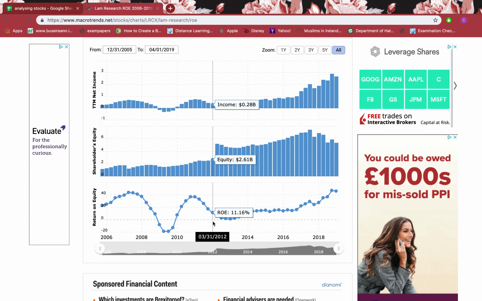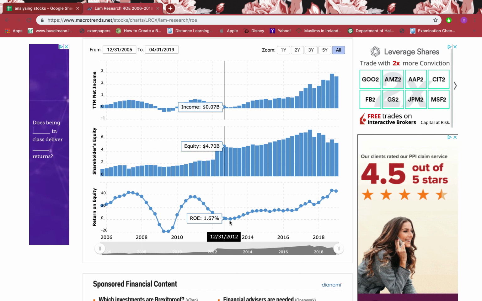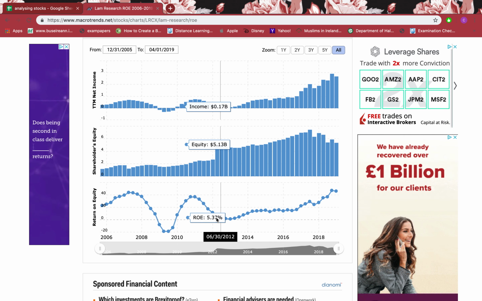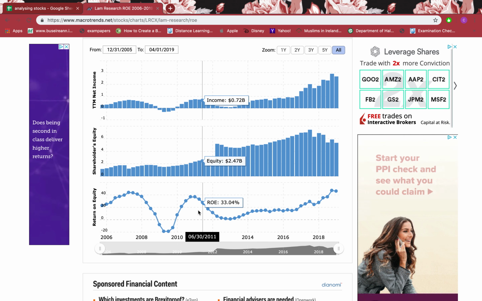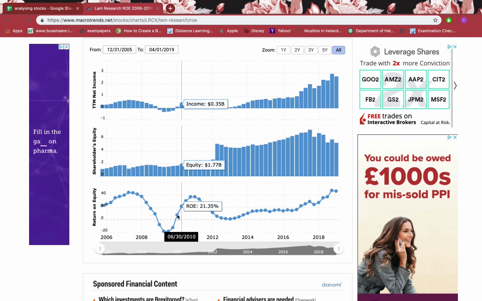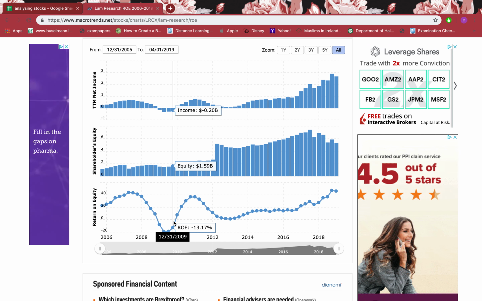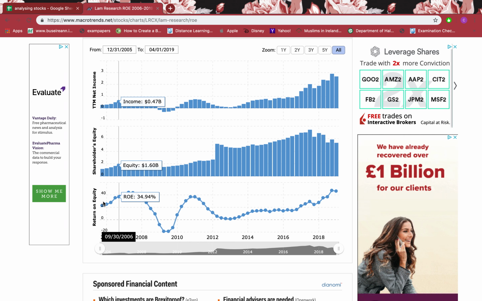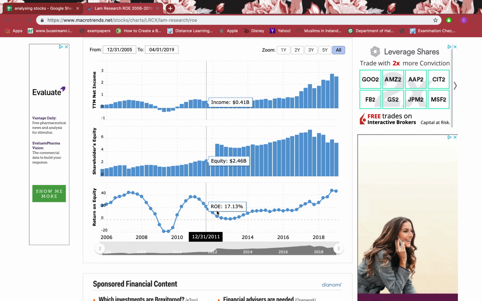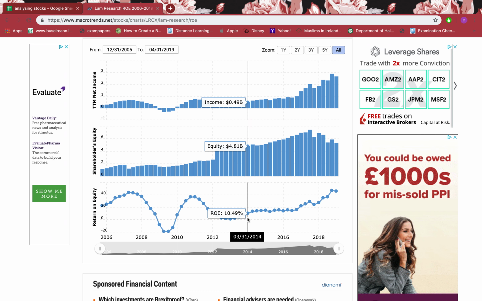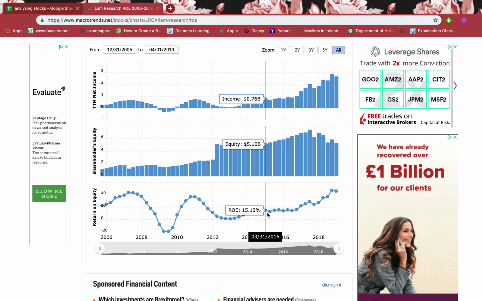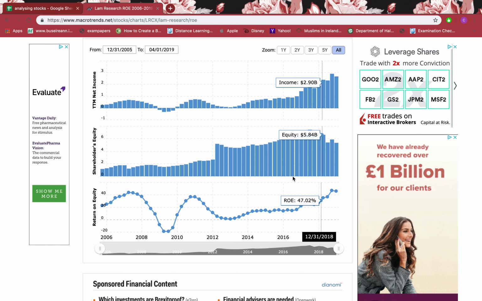In 2012 it was below 8%, but still it has never been zero, though it has been very low. And then in 2011, it was above 8%. And then in 2009, it was way in minus with no return. So it has been fluctuating, but it has been consistent from 2014, which means that for 5 years, it's doing very well. There hasn't been a moment in those 5 years that it went below 8%.